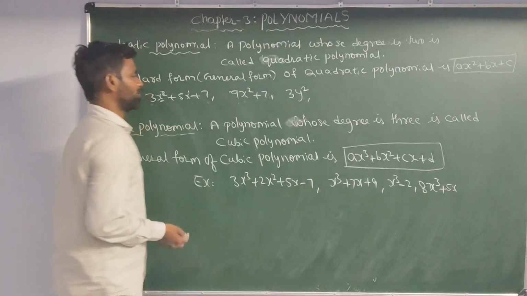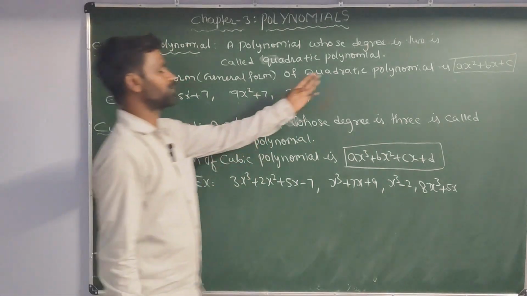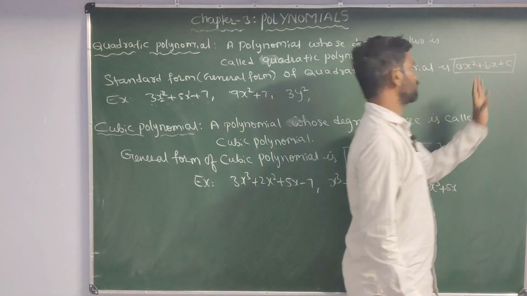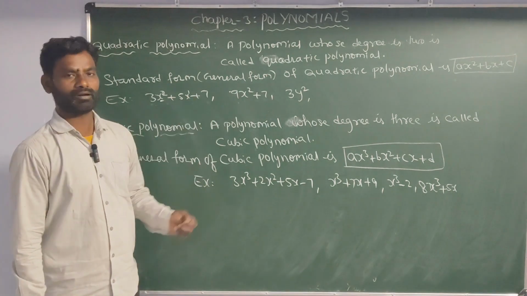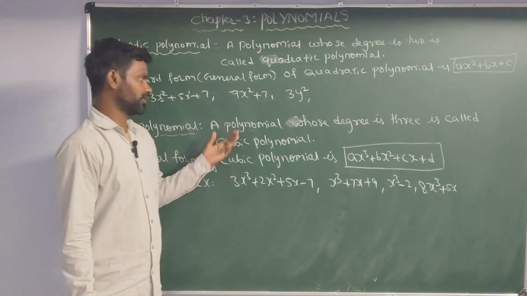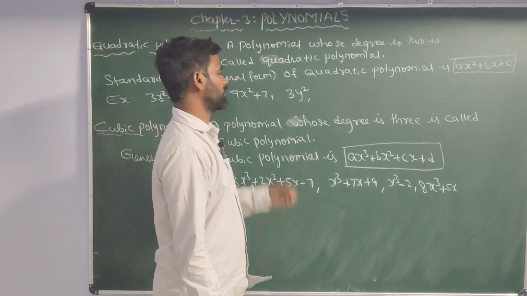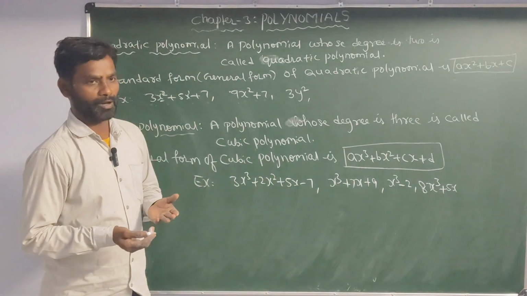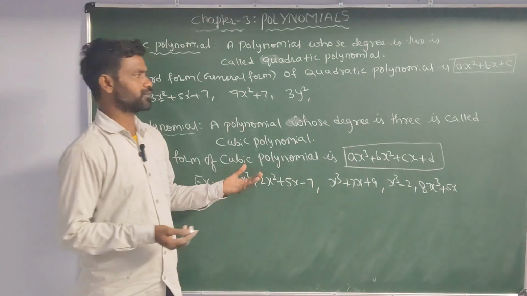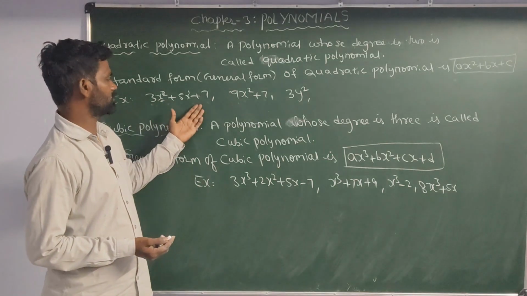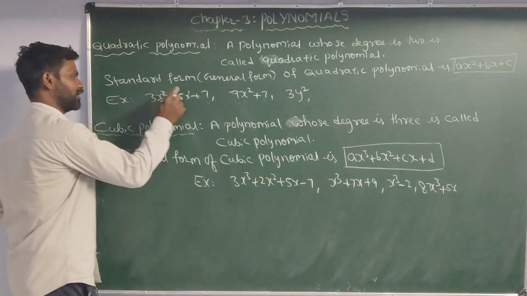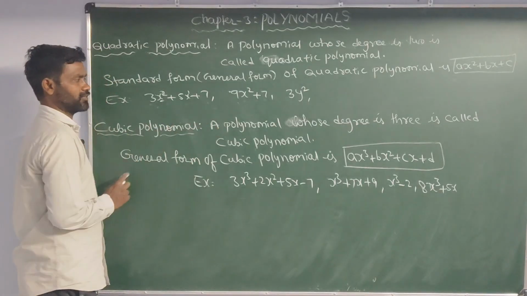Here you may get one doubt: sir, you have written ax square plus bx plus c as the standard form of quadratic polynomial, but here x is not there. Yes, we can consider this also as a quadratic polynomial. A quadratic polynomial may consist of x, sometimes it may not. This one consists of x square, x, and constant.